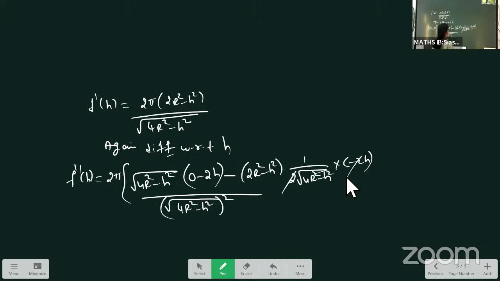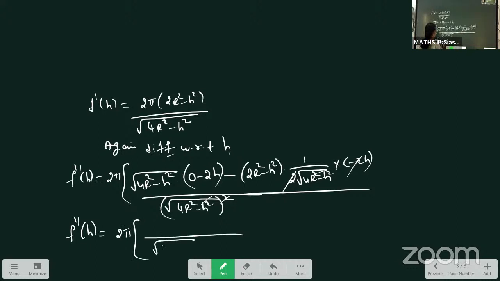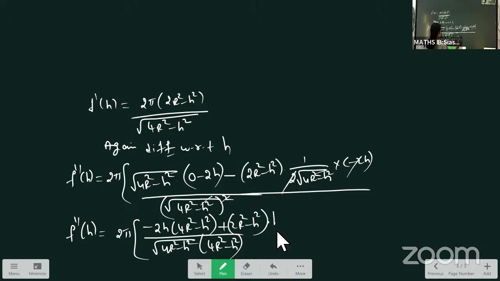Here again 2 and 2 get cancelled. In denominator, square root cancels. So f double dash of h is equal to what we got? 2 pi into, again take LCM. What is LCM? Under root of 4r square minus h square is LCM. This denominator write as it is. Now root into root without root. Before minus 2h is there. 4r square minus h square minus into minus plus 2r square minus h square into h.